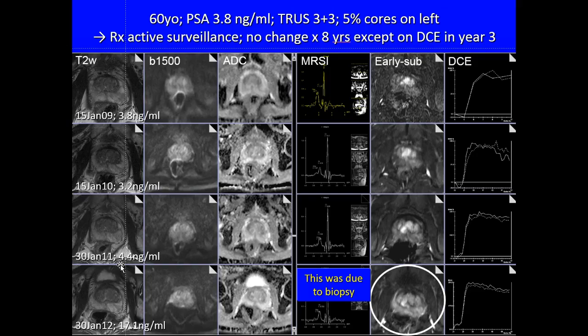You can see that he doesn't change very much at all over time. We've got examinations from 2009 to 2012, and you can see, in fact, that in the fourth MRI scan there's an area of hyperemia that develops on the dynamic contrast enhanced study, and this is related to the third year biopsy. So this is clearly diffuse enhancement.